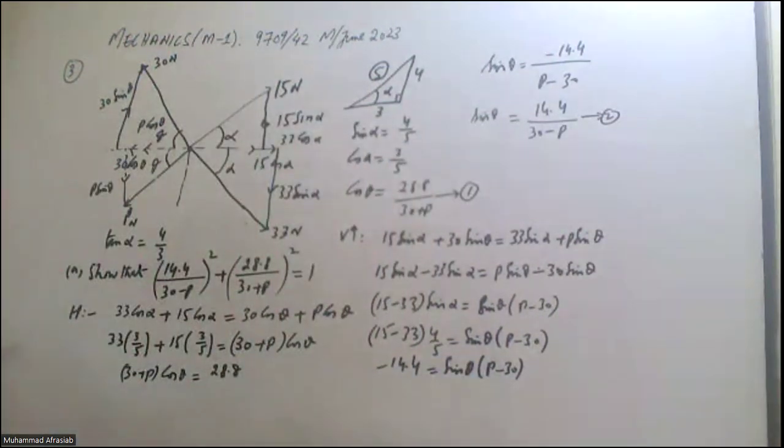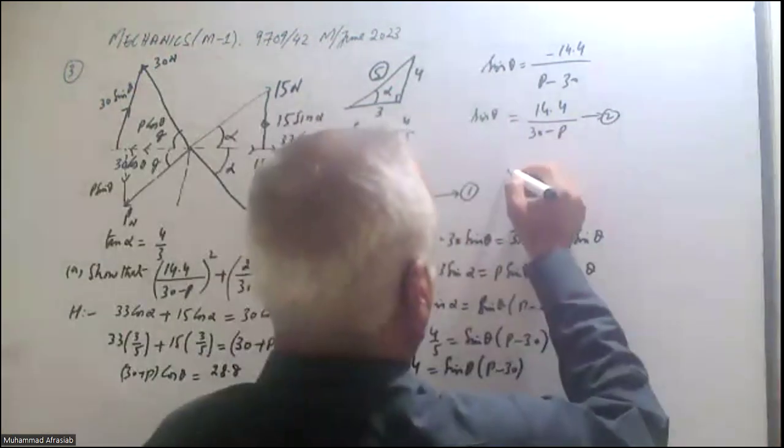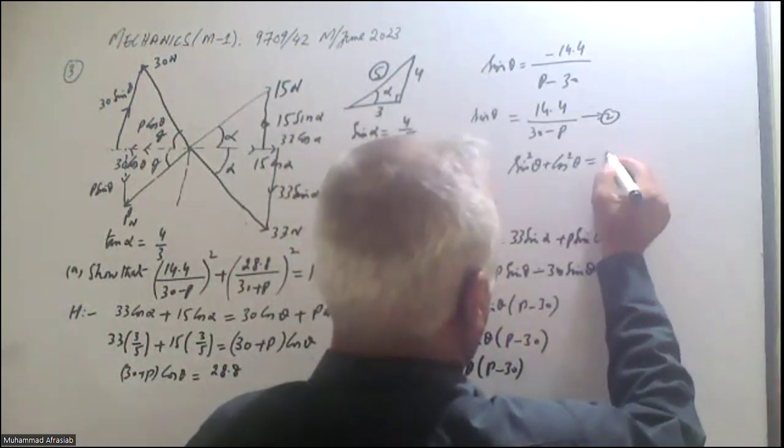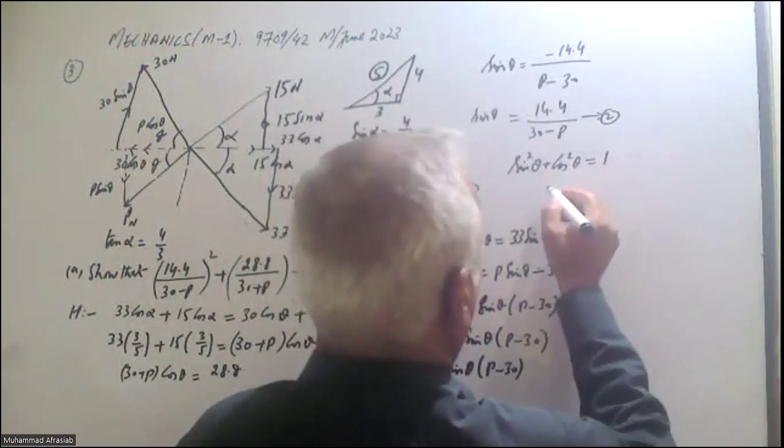We know from trigonometry that sine square theta plus cos square theta is equal to 1. So we put the values into this equation.